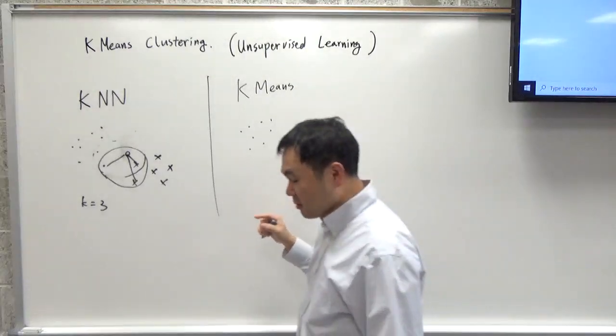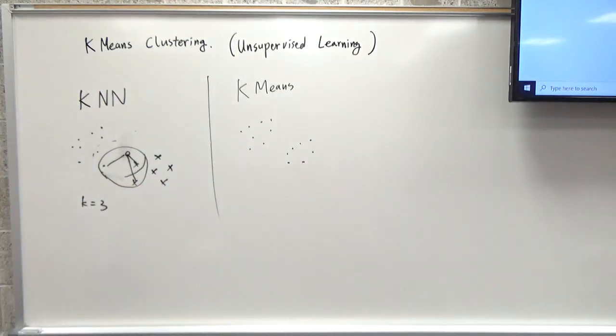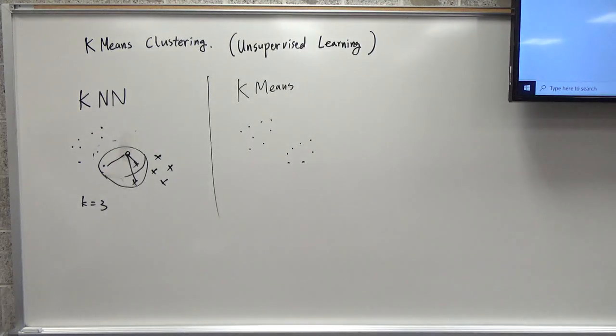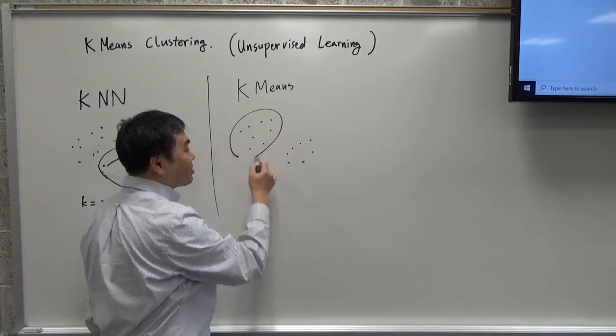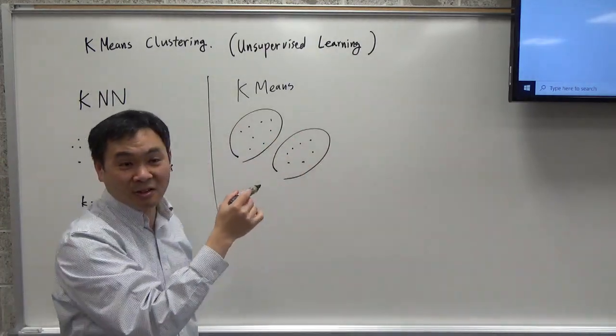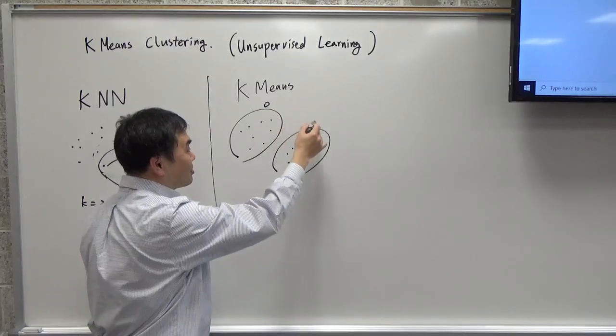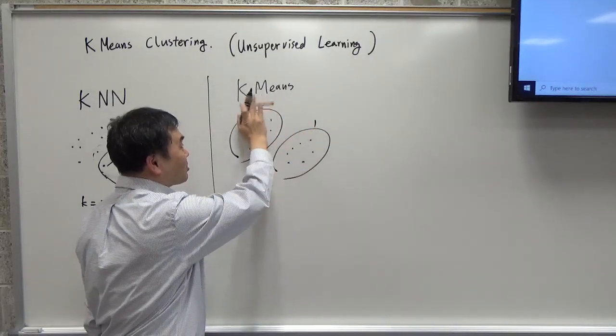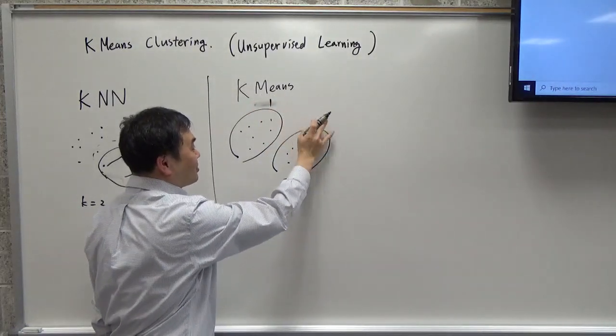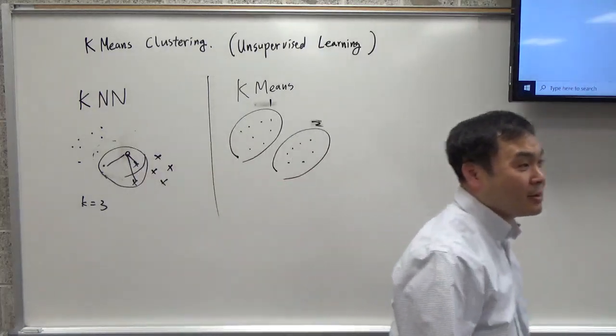Okay, and looking at this data, humans would naturally say, oh, that would be like 2 clusters, right? Do you agree? There's 1 cluster here, there's 1 cluster here, right? So you would name this as 0 and this as 1, or 1 and 2, something like that. Is that okay?